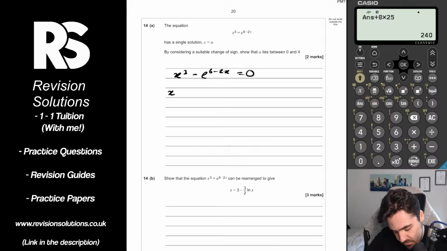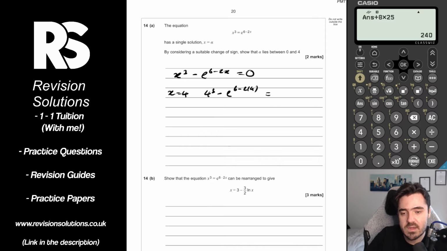So if we plug in x equals 4, we get 4 cubed minus e to the 6 minus 2 times 4. Using a calculator, what does that give us? 4 cubed minus e to the power of, not squared, sorry, the power of 6 minus 2 times 4 is 8.